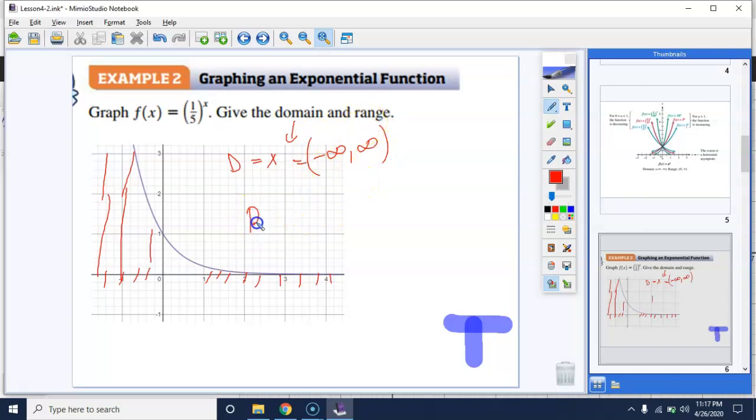But the range should be my y values, right? My y values start here, and it's going to be all those positive numbers. There is no way to cover those negative numbers. We can say all positive numbers, or we can say 0 to infinity. All right. Again, you don't need to memorize the previous stuff. Just graph and see. That's how I do it.